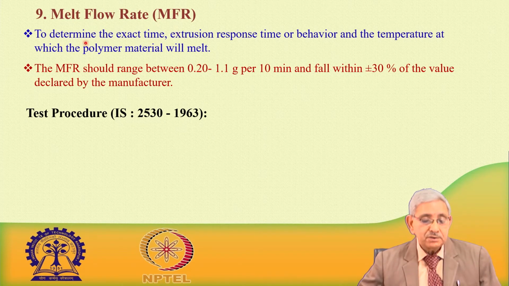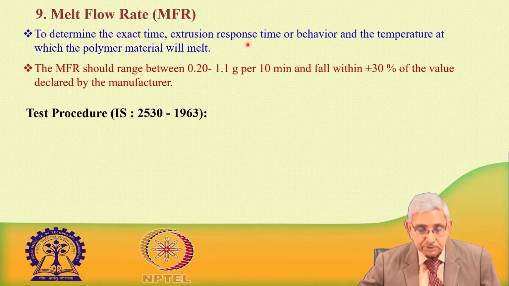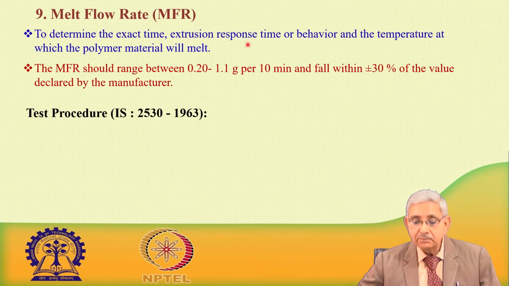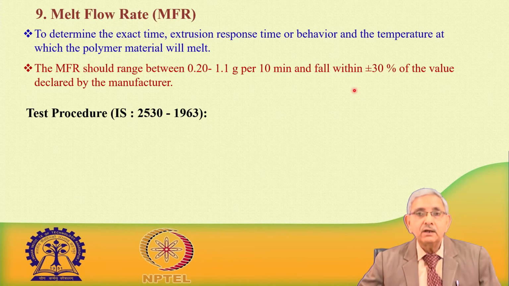So, this test is used to determine the exact time, extrusion response time or behavior, and the temperature at which the polymer material will melt. The test procedure is specified in this particular code, that is IS 2530:1963.